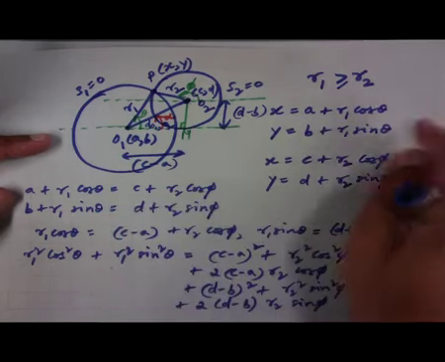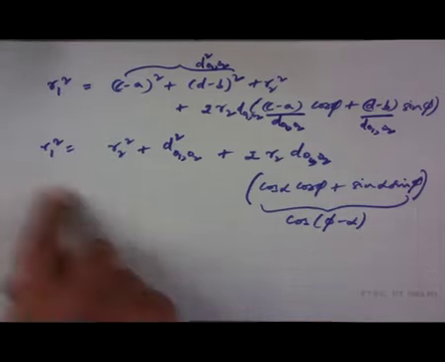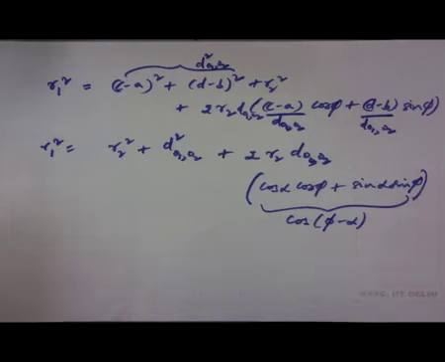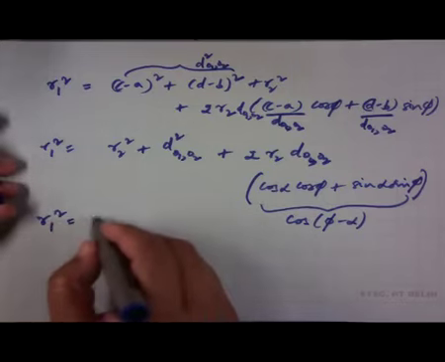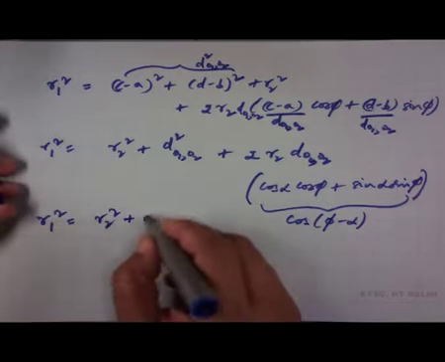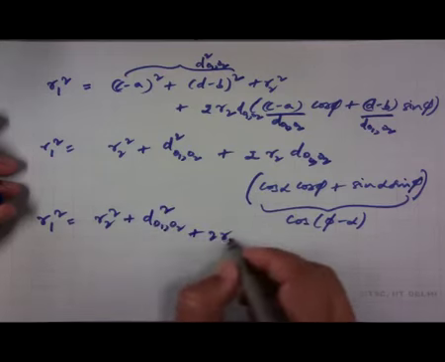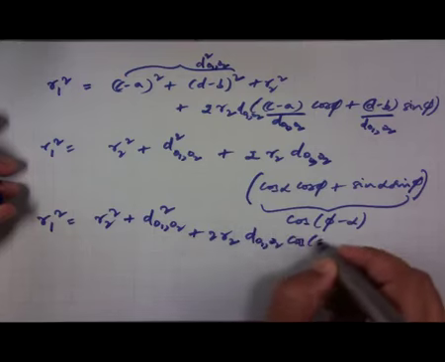Now, if we see this equation, we basically have a trigonometric equation in terms of phi. This equation is precisely r1 square is r2 square plus d O1 O2 square plus 2 r2 d O1 O2 into cos of phi minus alpha.